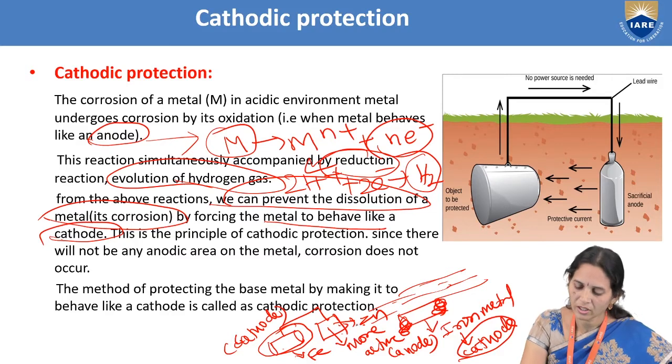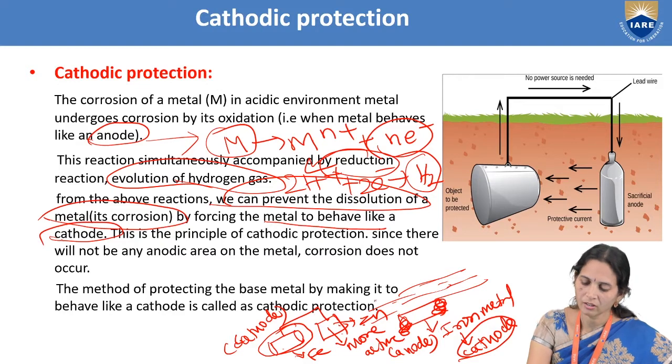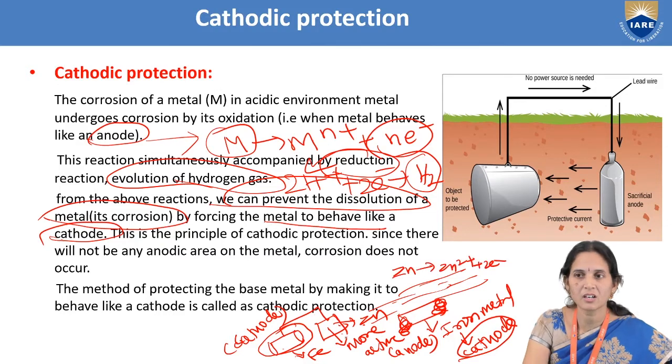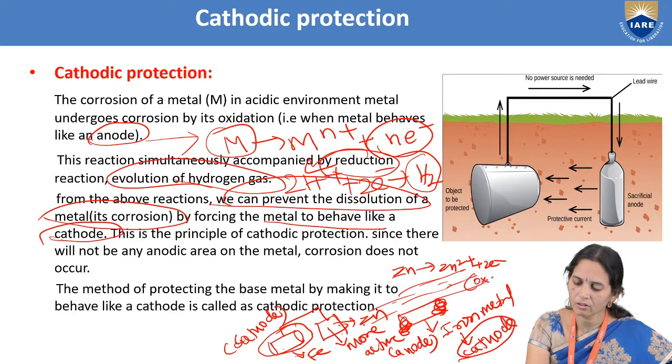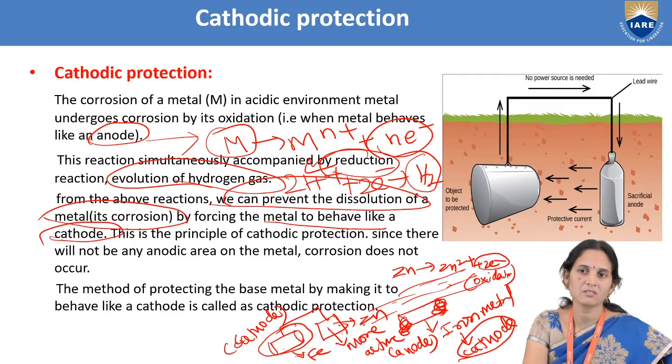Why does it become the anode? Because it is the more active metal, more reactive in nature, and it will undergo oxidation and corrosion. Zinc starts dissolving, undergoing oxidation. By taking those electrons, the iron pipe undergoes reduction, so iron behaves as the cathode here.